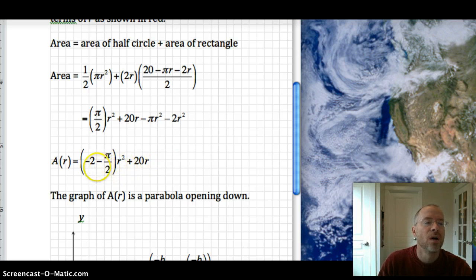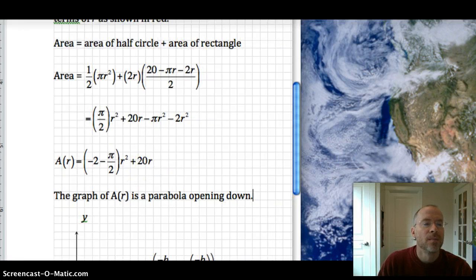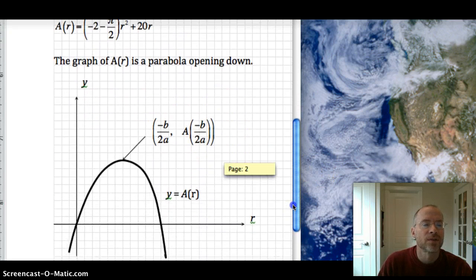And we actually know from looking at this leading coefficient, -2 minus pi halves, that it's a negative number. Remember, pi is about 3.14, so this is about -3.5 or something like that. The leading coefficient is negative, so this area function has a graph that is a parabola opening down. Here's a rough sketch.